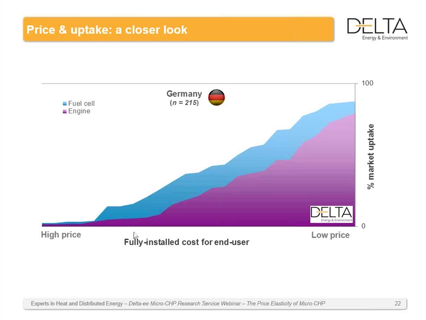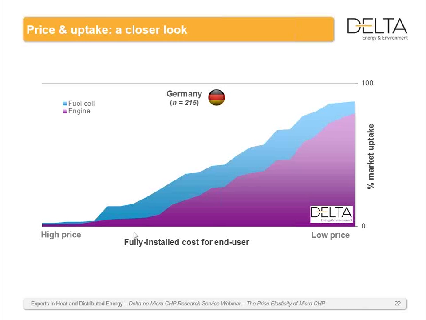Sure. Well, if you remain on the graph for Germany, I think that can help us visualise the answer to this question quite well. So, as we have said, and as it says on the axis there, we modelled fully installed costs, so that includes everything the customer would pay, from the manufacturing selling price of the unit, which incorporates the selling price of perhaps the hot box, the fuel cell, the Stirling engine, whatever, from the technology developer.